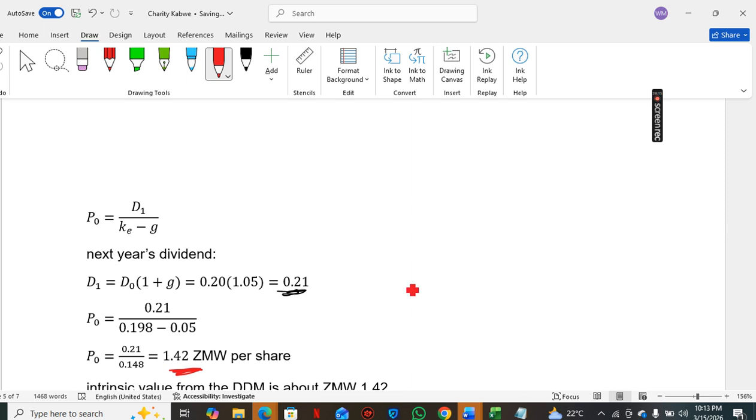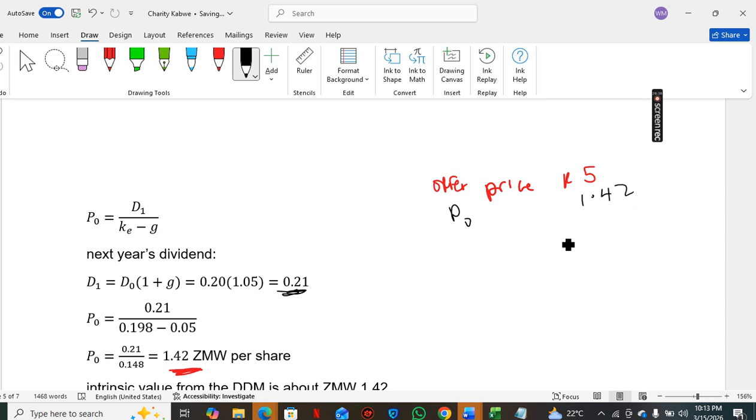So remember the offer price. ZEC came with the offer price and said they want to sell the shares at 5 kwacha. And your intrinsic value, which you've tabulated, is 1.42.